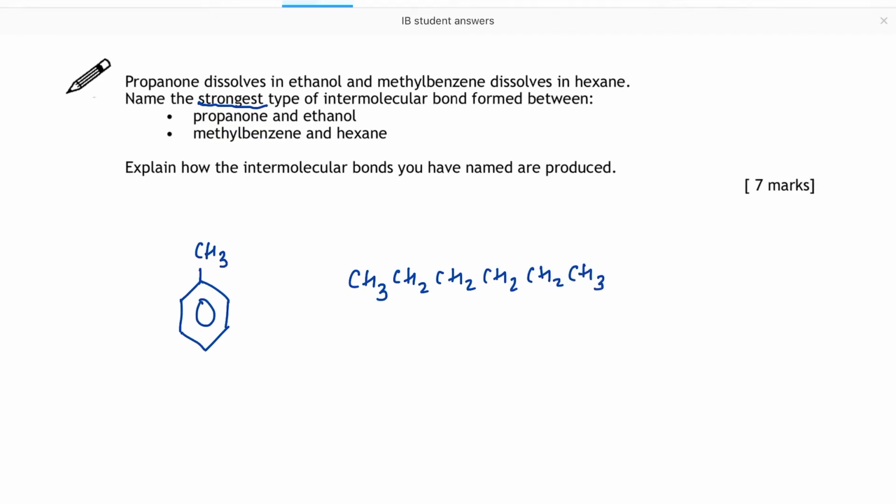Neither of these molecules have an electronegative atom in them, so we've got no permanent dipoles. The strongest type of intermolecular bond is going to be instantaneous dipole induced dipole, or London forces, whichever way your exam board prefers you to talk about them.